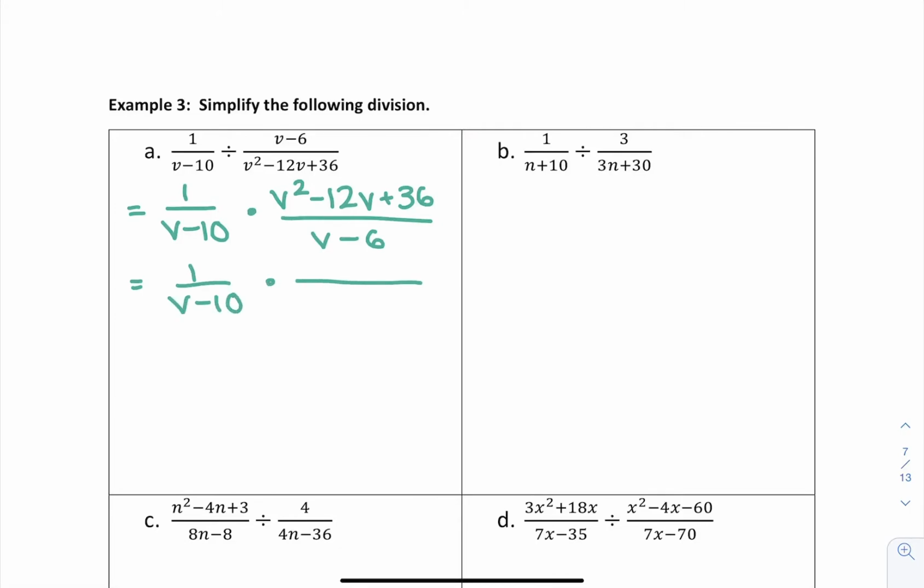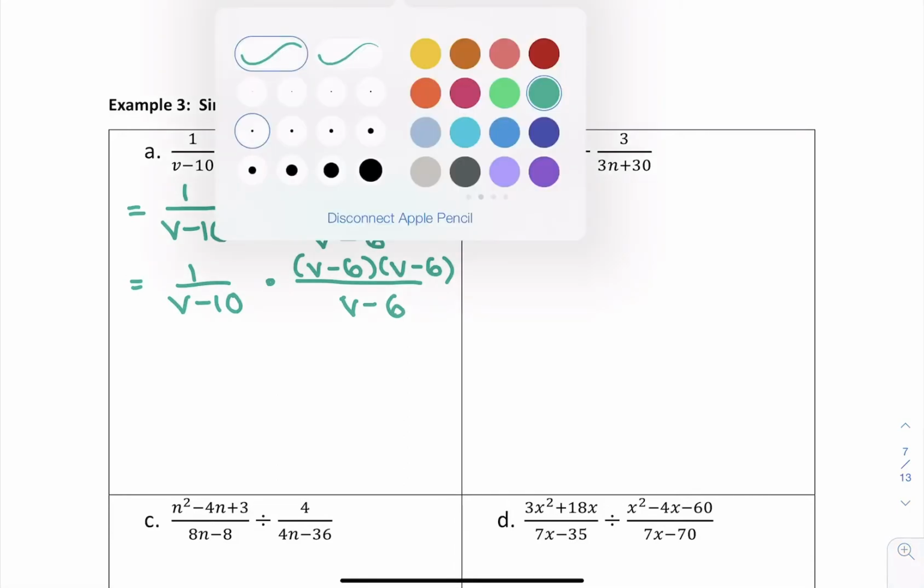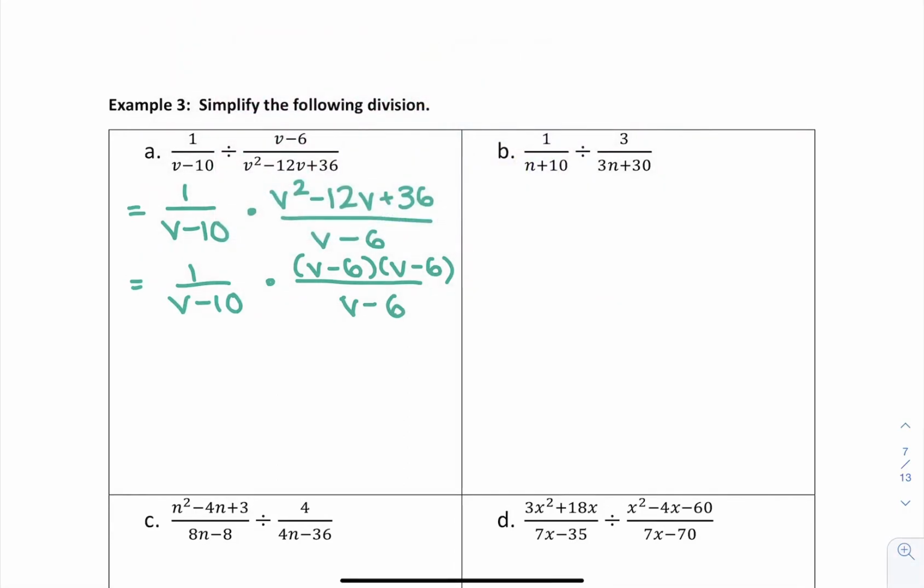So over here, we're going to have v minus 6 times v minus 6 all over v minus 6. And remember, we can only cancel one pair at a time. So just because there's two v minus 6's, we can't cancel them both. We can only cancel one pair because something divided by itself is 1. And so then our final answer, we are left with v minus 6 over v minus 10.